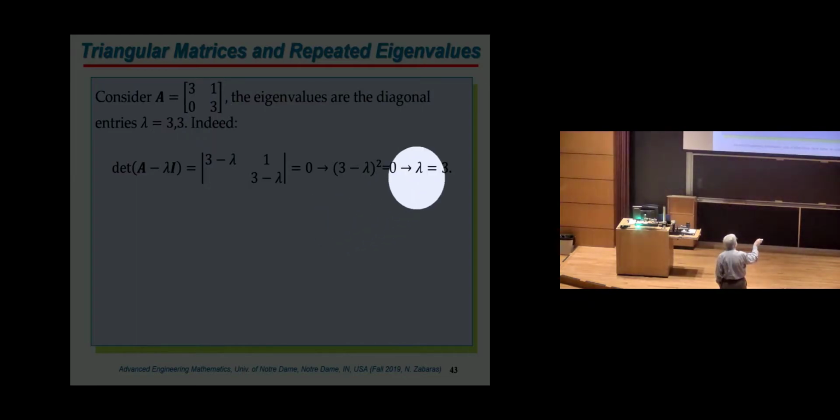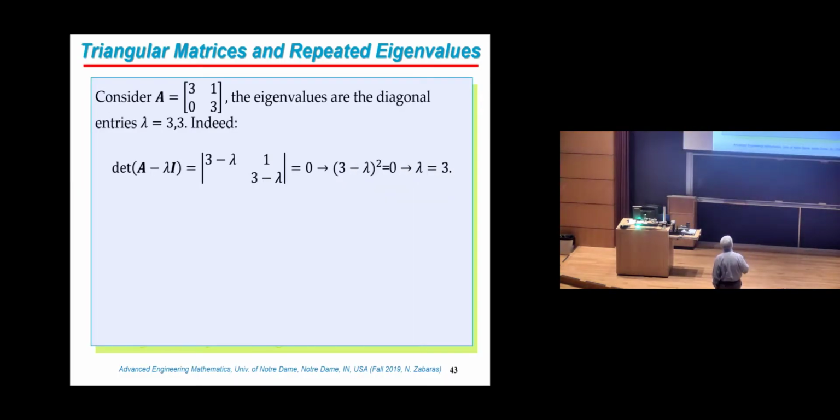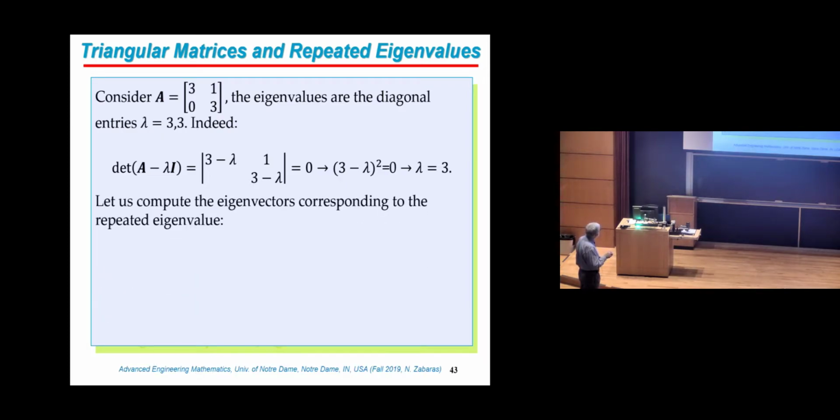So this is a very weird example because it only has one eigenvalue. That's bad news. Do you expect to get 2 eigenvectors from one eigenvalue? So we're going to have a deficiency of eigenvectors here, and that has implications on what type of calculations we can do with this particular matrix.